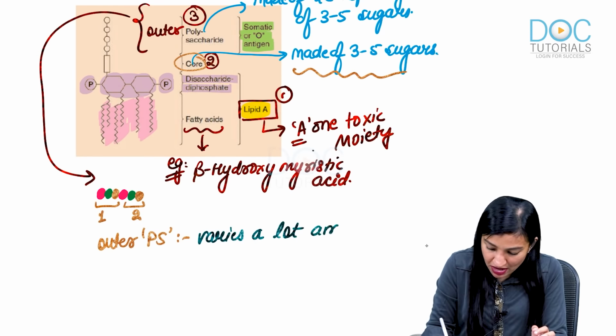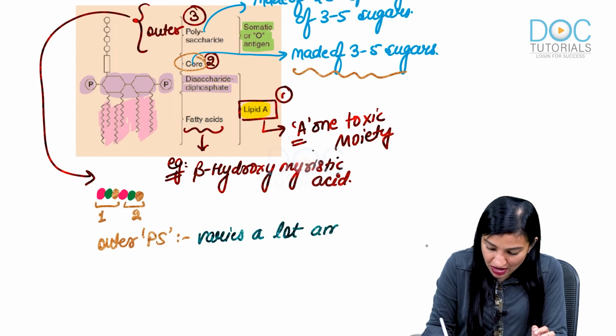For example, the best example which we can quote over here is, let's say, we are talking about the outer polysaccharide, which is there only in gram negative organisms. We have Salmonella typhi, which has more than 200 serotypes, based on the O antigen or the outer polysaccharide. All right, what does this mean?